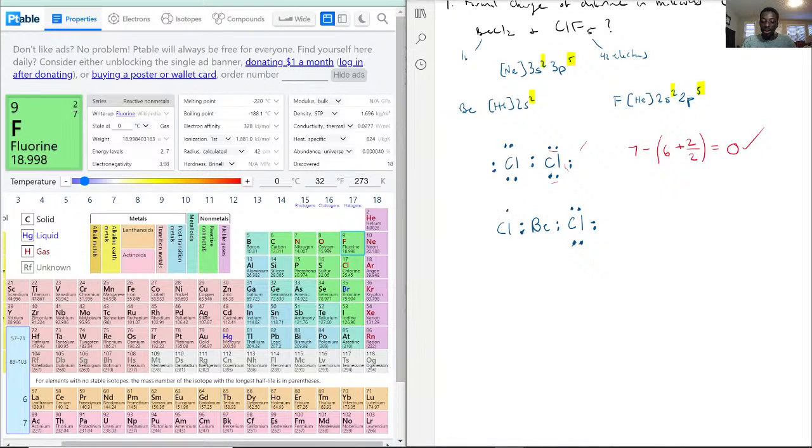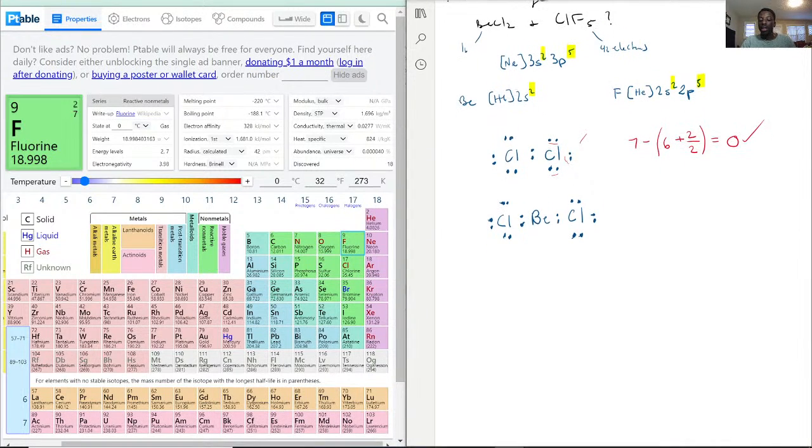Same here on this side, 2, 3, 4, 5, 6, 7. And beryllium in this case is already using up 2 of its 2 electrons it can share. So beryllium is already done. If we added all this to make sure that we do have 16, it would be 8 on one chlorine, 8 on the other chlorine, and that is what we'd have.